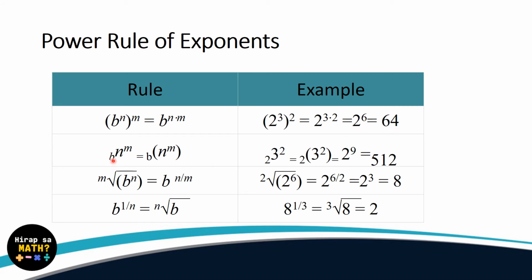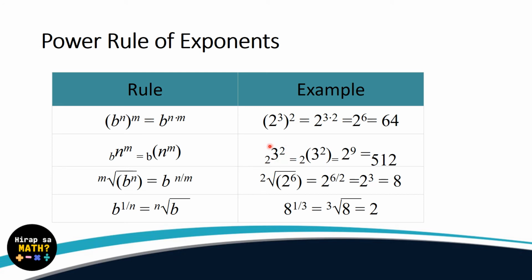Next naman, b raised to the n raised to the m. Kapag ganito, unahin mo muna itong dalawa. So, i-close parenthesis mo itong sa taas, yun muna ang i-operate. Halimbawa, 2 raised to the power. So, ang power niya is may power ulit. 2 raised to the power of 3 squared, i-operate nyo muna ito.